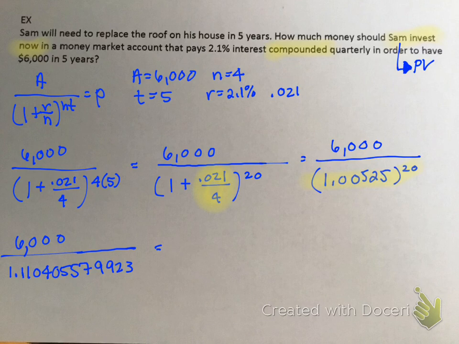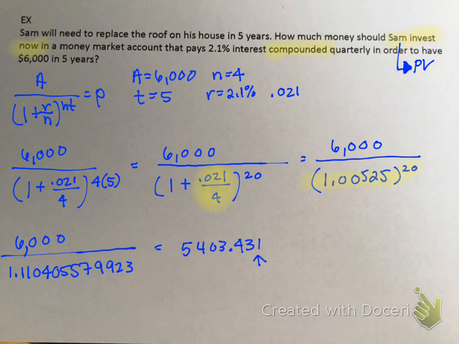So you use 6,000 divided by answer, and you'll get the value. Or if you're not that fortunate, you're going to have to type all these numbers in. So you're going to type in 6,000 divided by 1.110405579923. And when you do that, you get 5403.431.